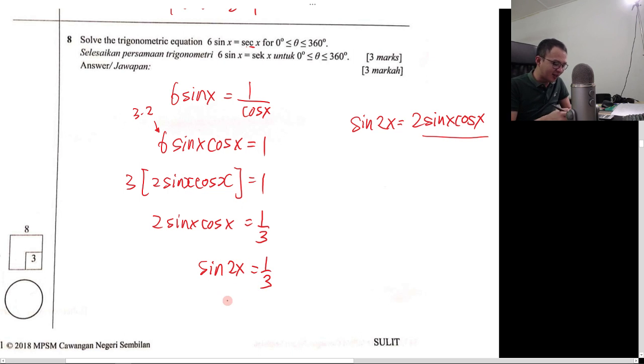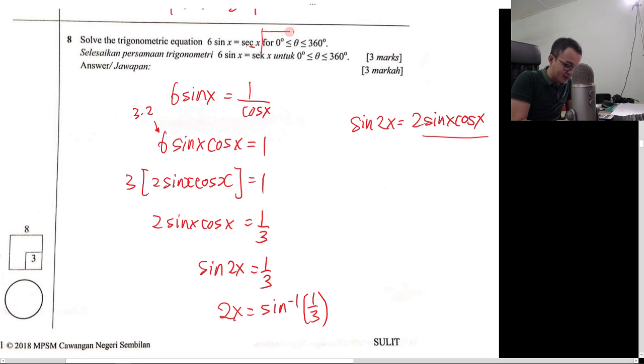Alright, so before I start to find the angle for 2x, of course I will do the inverse sine of 1 over 3. But I want to know for 2x how far my angle should go, because I don't have the range for 2x. I only have the range for x. And I guess this is a typing error. The one in the middle should be x, it shouldn't be theta, because we don't have any theta in the whole equation here.